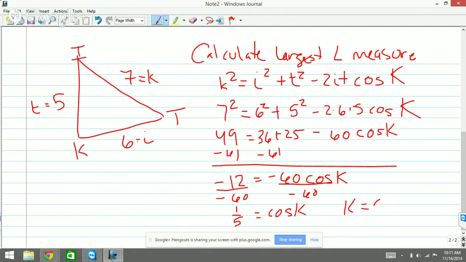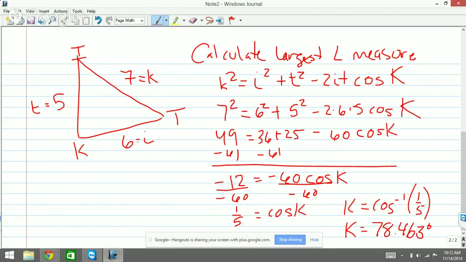So K is the cosine inverse of 1/5. Survey says 78.4. How come you just jumped? K equals 1/5, right?